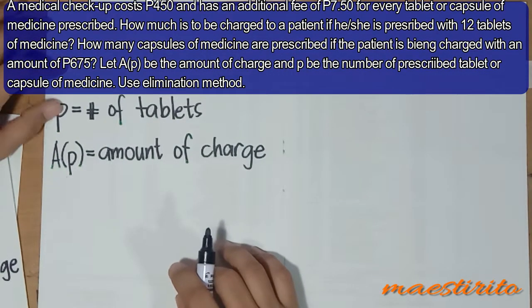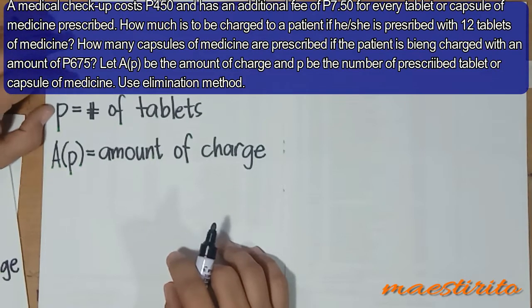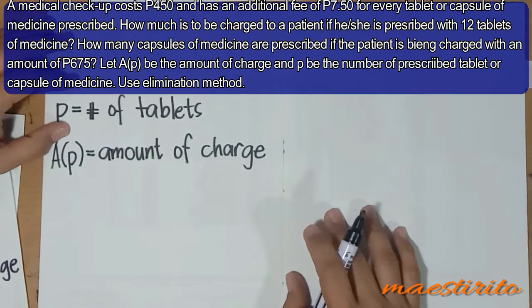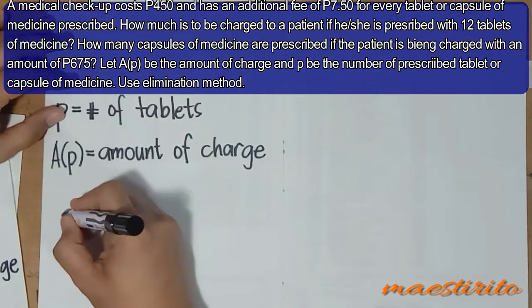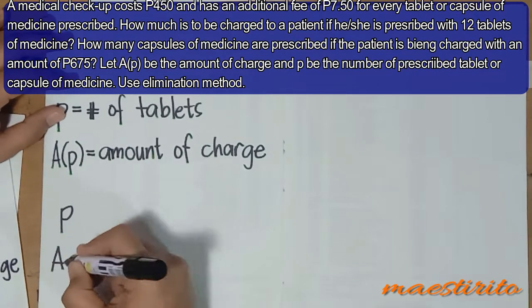And then after these notations, let us now construct a table of values. So let us have the row for P and another row for A of P.